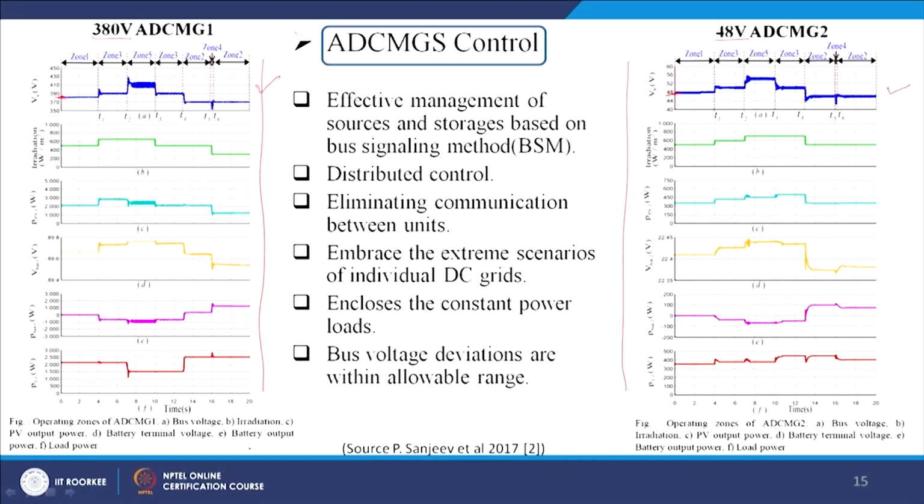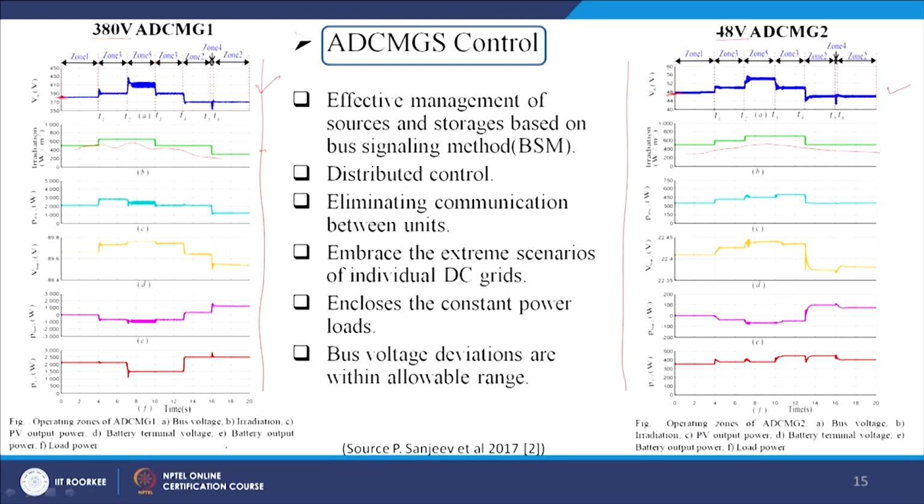We can also see the irradiation, which is varying, and in microgrid 2 it is also varying, whereas the PV power output is more or less close to 2 per unit, and here it is close to 350 or 325 watts.